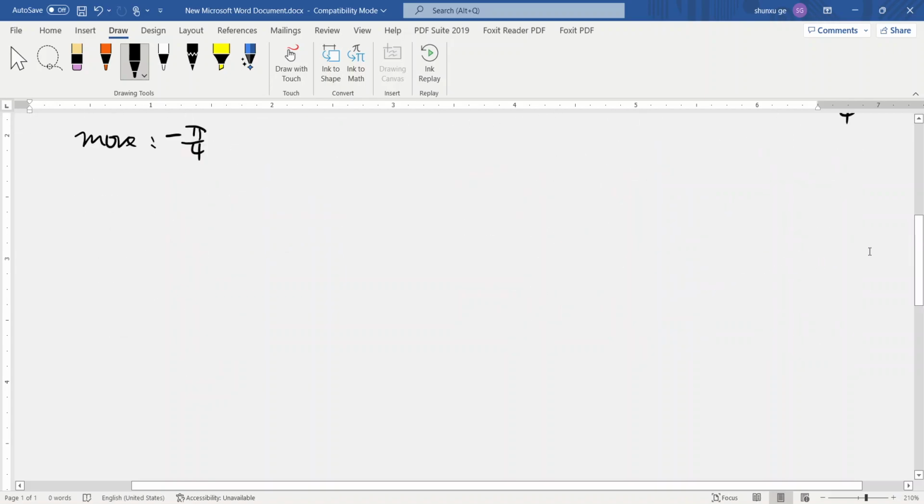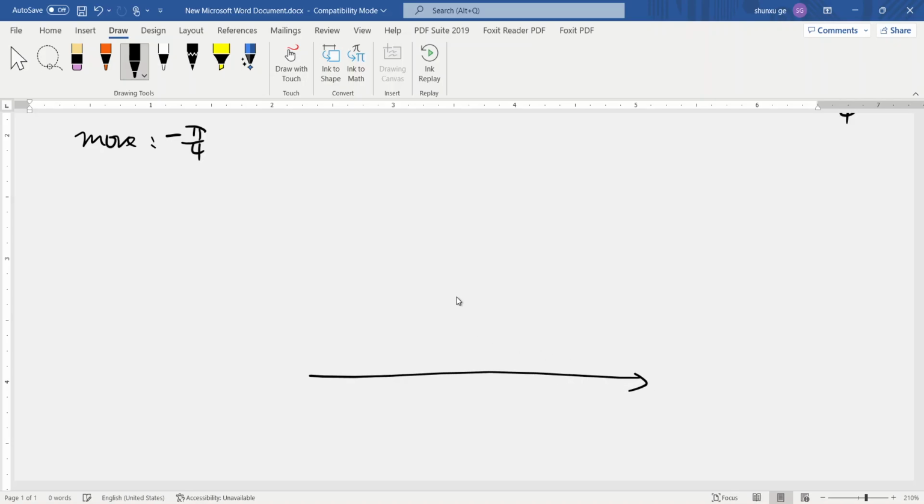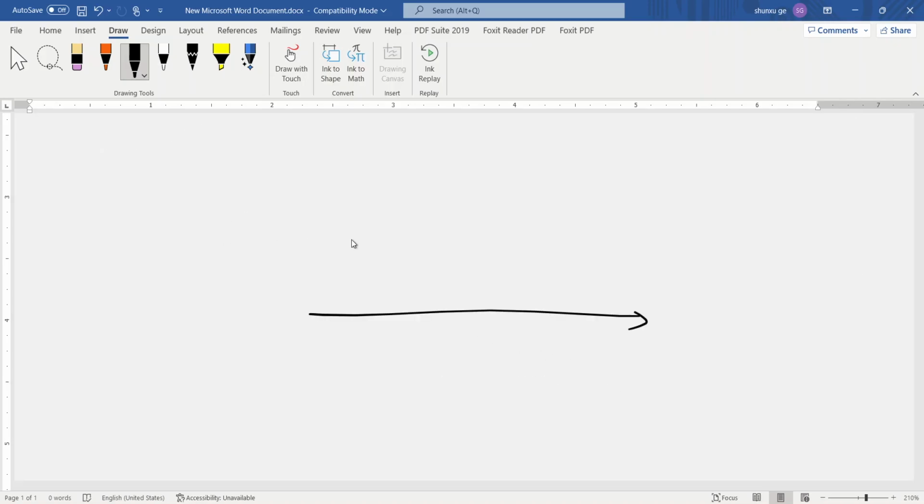Okay, now we graph them. Zero, pi, 2 pi, x, y. So original is here. Start point from 1.